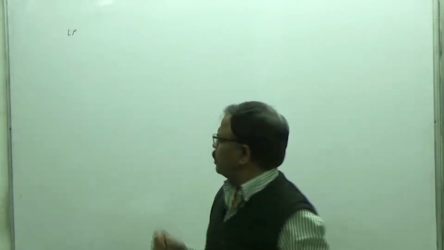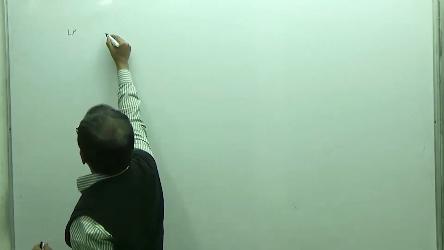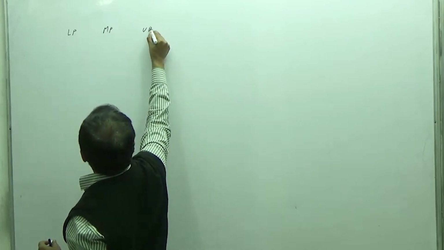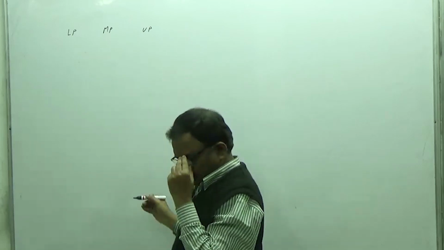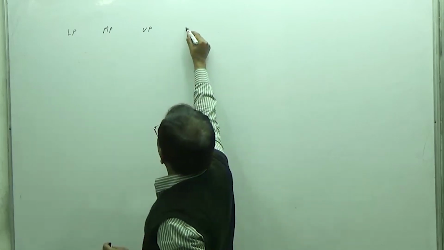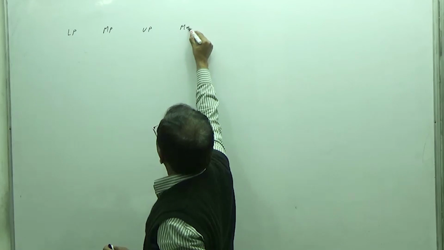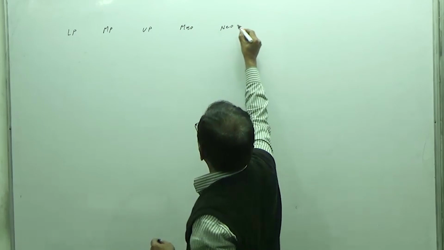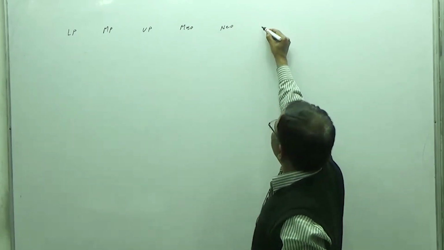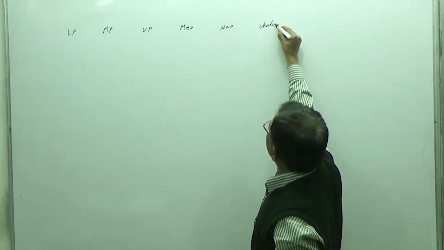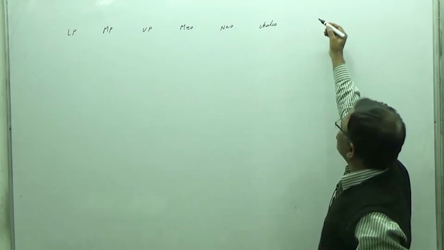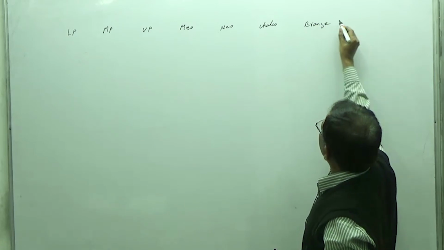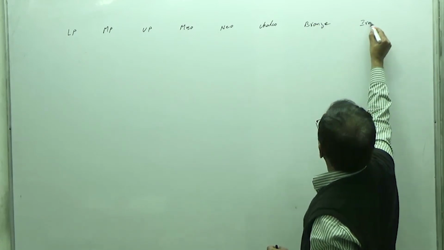Lower Paleolithic, then Middle Paleolithic, then Upper Paleolithic, after Paleolithic, then Mesolithic, then after Meso, Neolithic, then after Neo, Chalcolithic, then after Chalcolithic, bronze, then after bronze, iron.